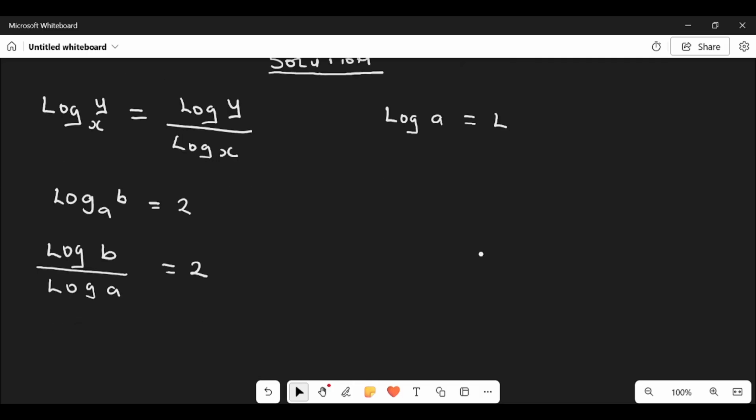Multiply both sides by log A. So log B equals 2 log A, and our log A is L. So log B equals 2L.